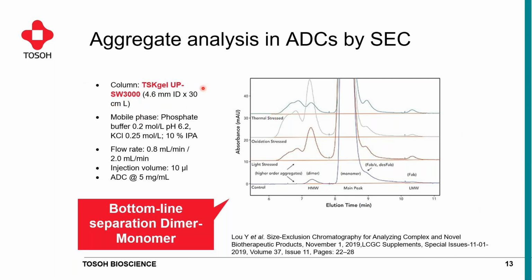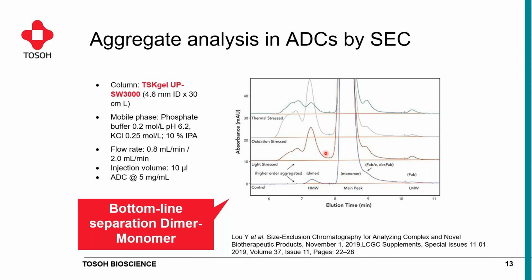The column that was used for this was a UPSW 3000 column, so one of our columns. And what we see is that the control without any stress already has a small portion of a dimer that can be baseline separated from the monomer using the method outlined here.